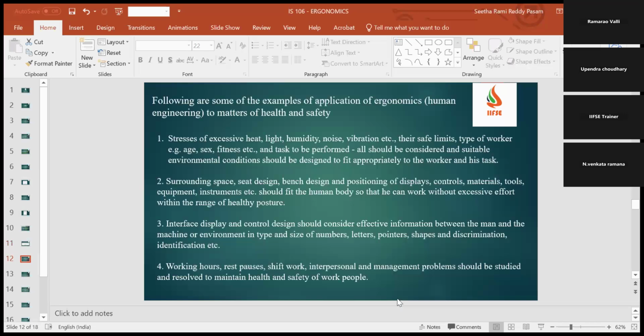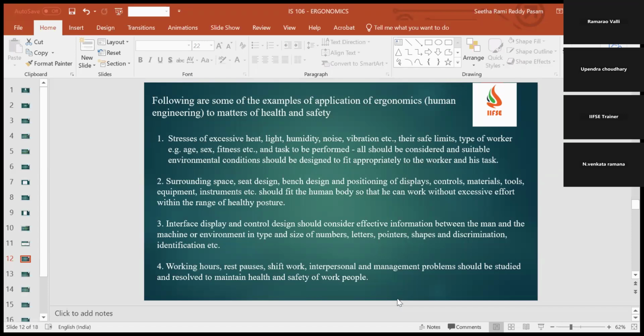Now we'll see some examples of the application of ergonomics with respect to human engineering, which matters to the health and safety of employees. One is stresses of excessive heat, light, humidity, noise, vibration, etc. Their safe limits depend on the type of workers, for example age, male or female, fitness, etc., and the task to be performed.